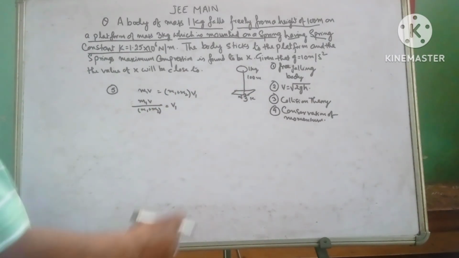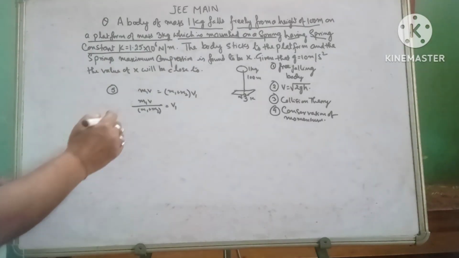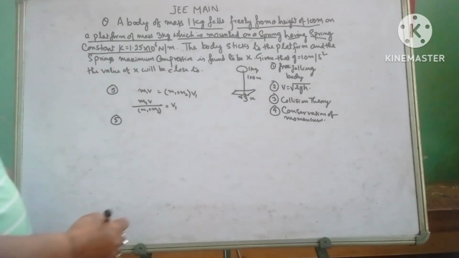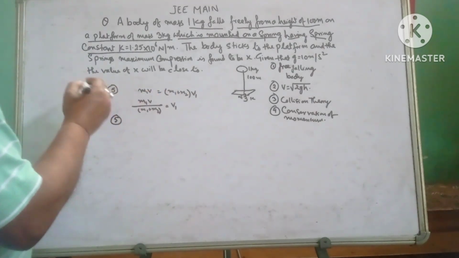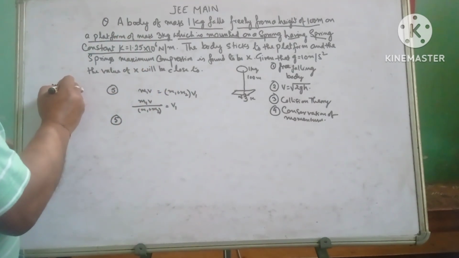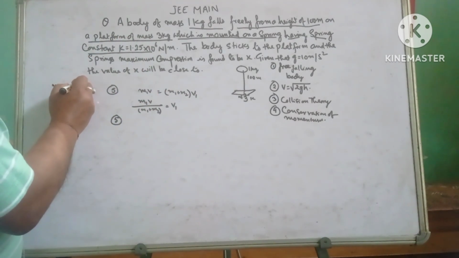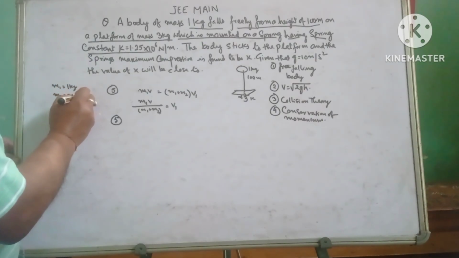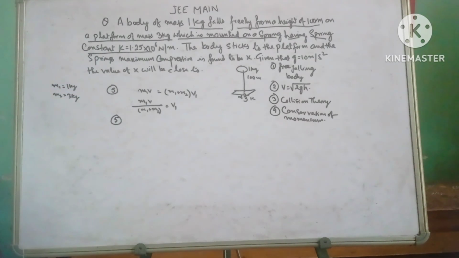And to find this x, here your m1 is 1 kg and your m2 is 3 kg. Now, how will you find this x?